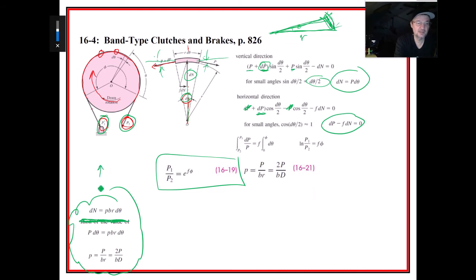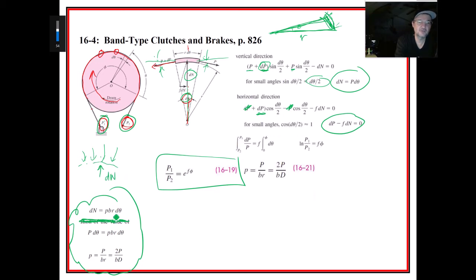So let's take a look at the interface between the belt, and let's take a look at that little gap, an imaginary gap that we could make in there, and say, okay, there's going to be a pressure that's being forced up against this belt right here, and it's got the normal force over there. So this is going to be dN versus the pressure.